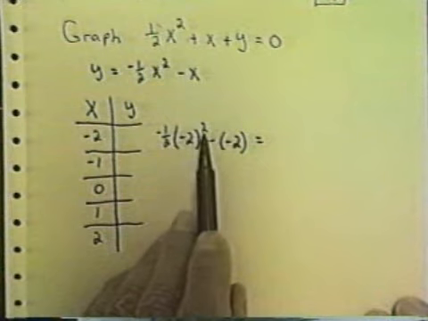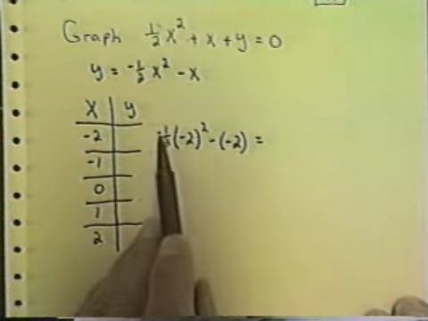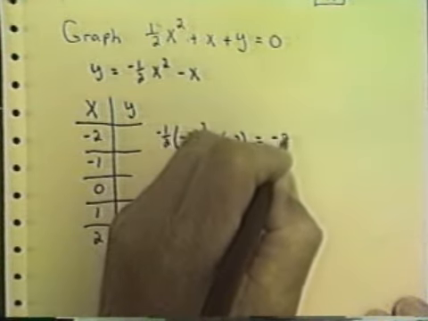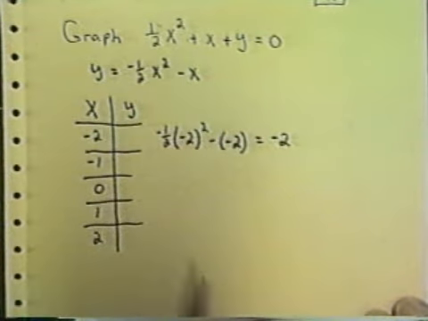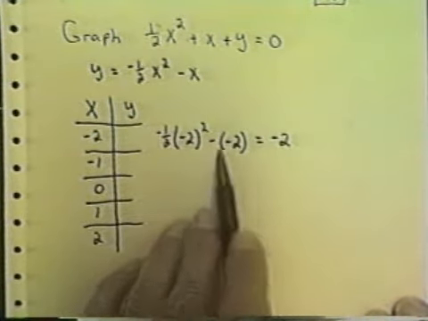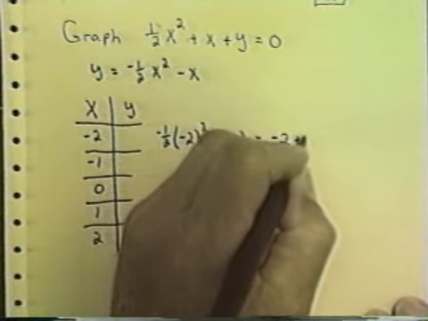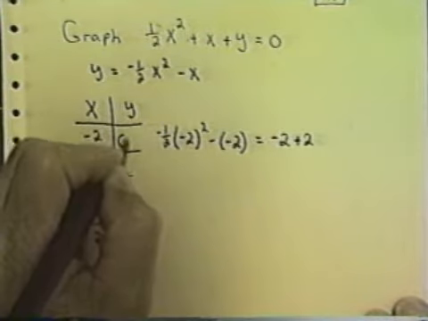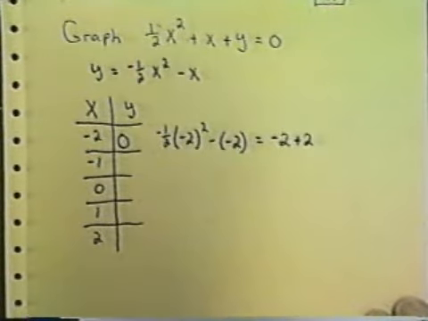A negative 2 squared is a positive 4. A negative 1/2 times a positive 4 is a negative 2. Now if I subtract a negative 2, that's the same as adding a positive 2. So negative 2 plus 2 is 0. So we get (negative 2, 0) as the first point.